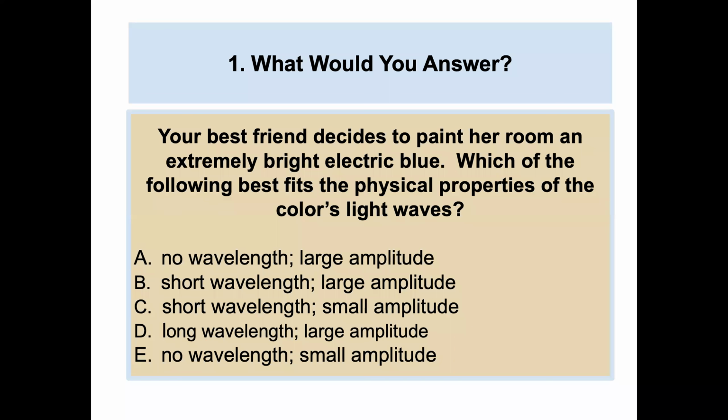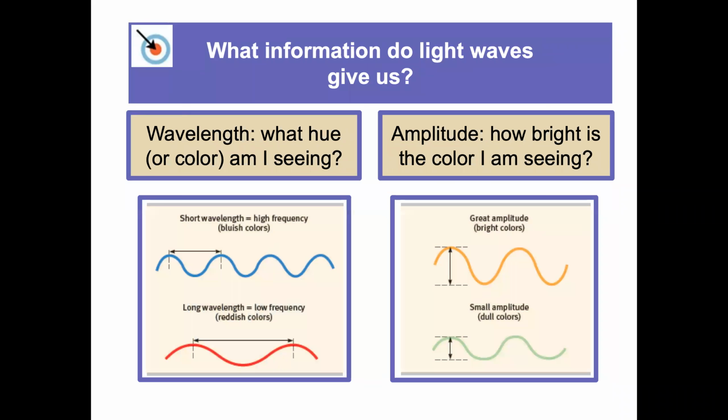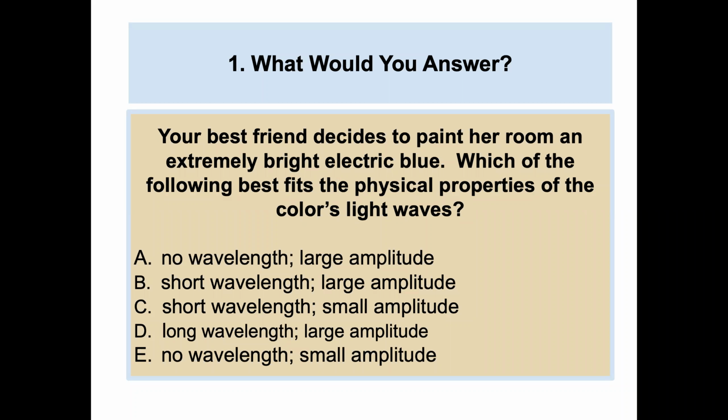If it's extremely bright and extremely blue, we're going to say that it's short wavelength and great amplitude. So short wavelength and large amplitude, that would be B.